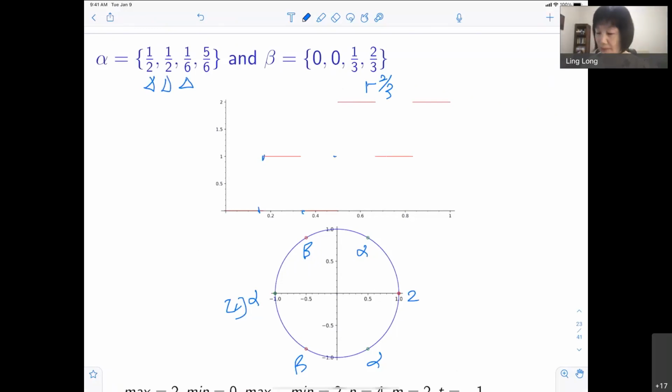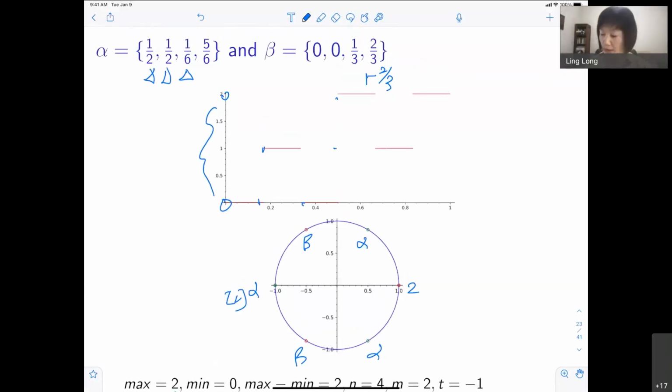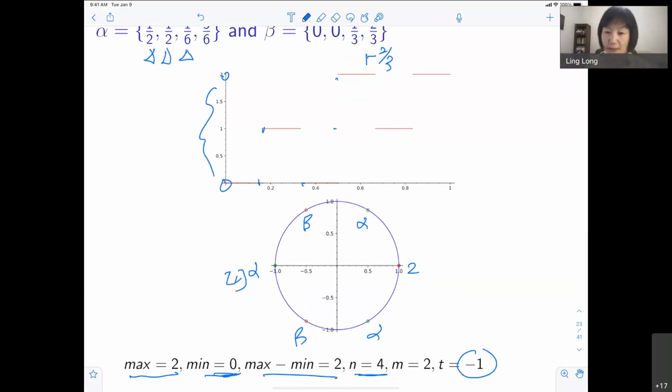It jumps up and down, etc. And for this particular case, if we compute the maximum, it will be 2, the minimum 0, the weight 2, and the adjusting factor, which is computed from two things. One is that the minimum is 0, and it's also the length of the alpha set, which is 4, and how many integers in beta, which is 2. So the adjusting factor will be -1 for this case down here.